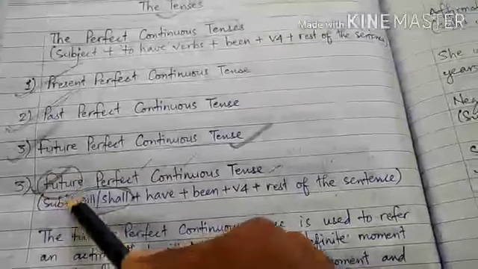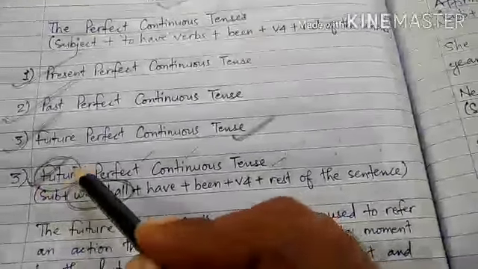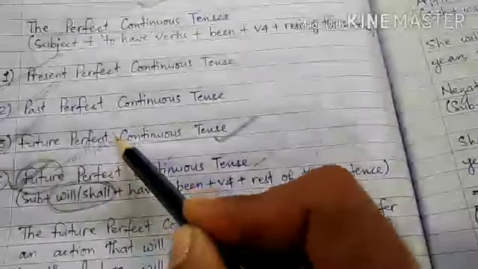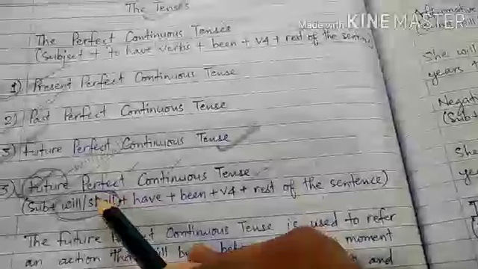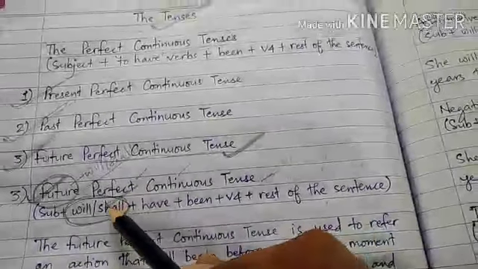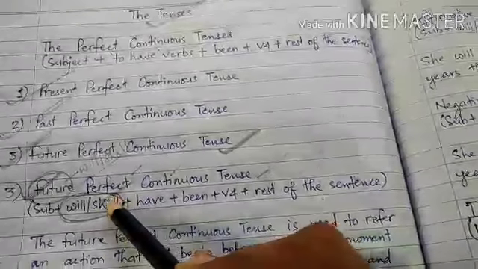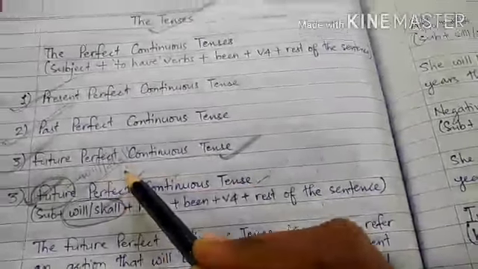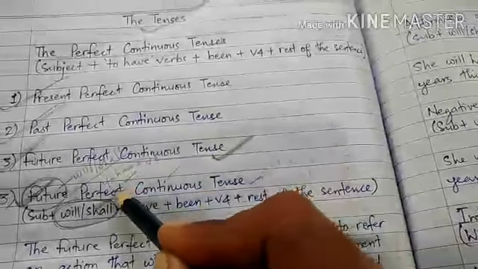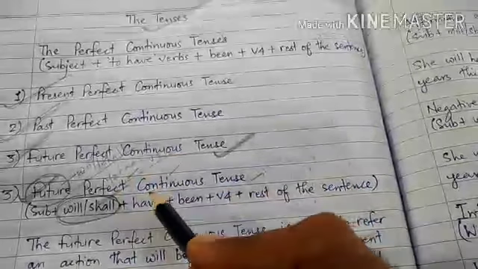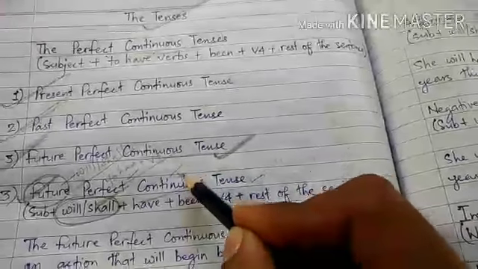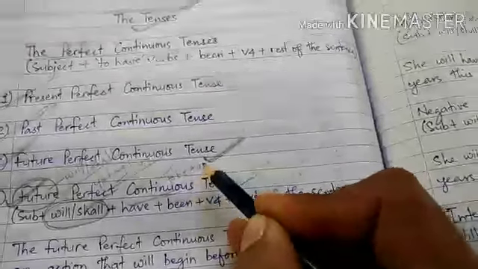So what we have to understand is in all future tenses we use will or shall as the helping verb, modals will or shall as the helping verbs, and in perfect tenses we have understood that we use the helping verbs to have plus the main verbs B3, to write the sentences in the perfect tenses. Now in the continuous tenses we already know that we use to be verbs plus the main verbs B1 plus ing.